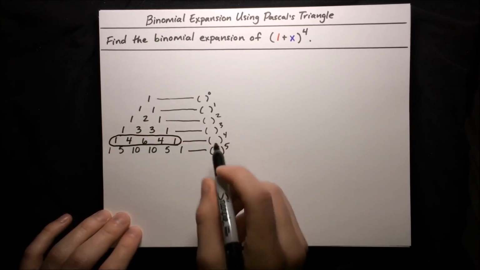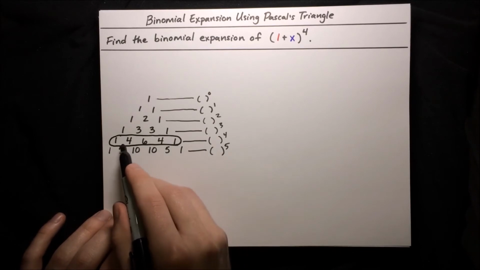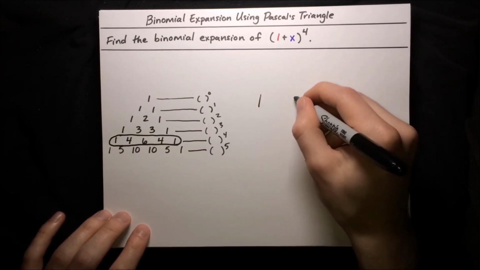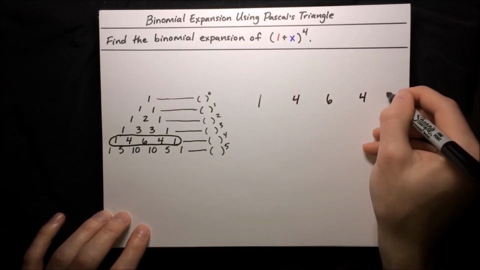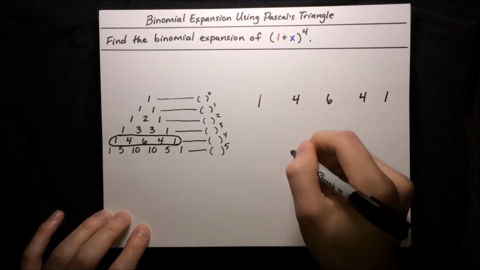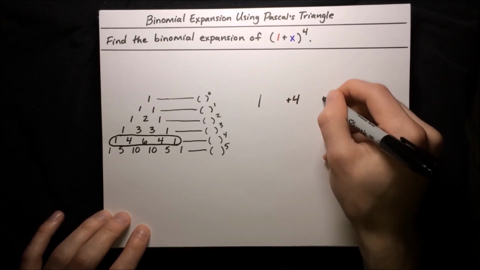This corresponds to a binomial with the fourth power on it. Okay, so this tells us our coefficients here. 1, 4, 6, 4, and 1. Okay, so let's go ahead and fill in these coefficients. Okay, so put pluses between them.